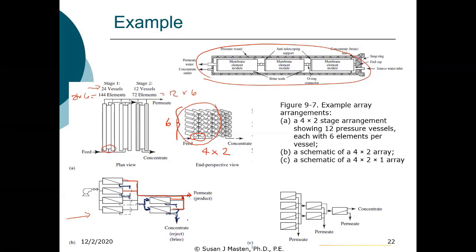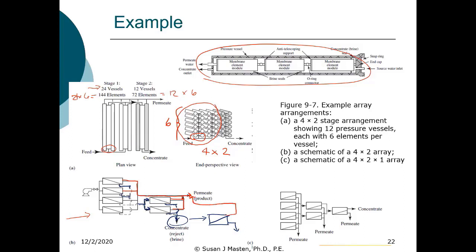The last one here is a 4x2x1. So the only difference now is we would take the concentrate or the reject stream here, and we would put that through another vessel. We would again produce reject stream, and then we have permeate that we could then add.